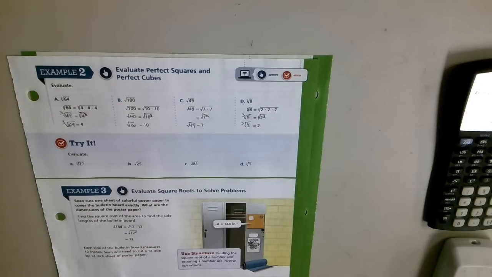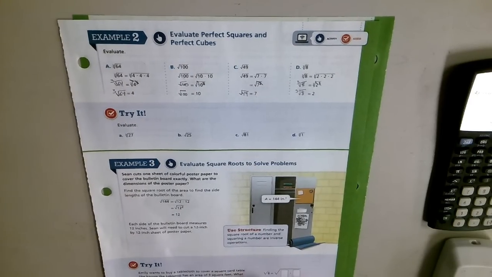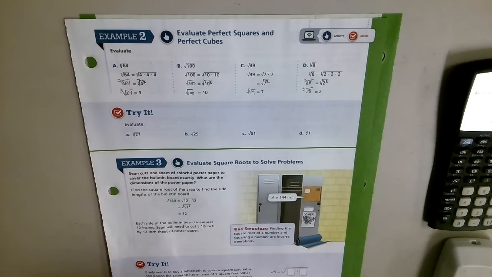And you can check all those on your calculator if you'd like. There you go. Why don't you guys try A, B, C, and D. Pay attention to whether they are asking for cube root or square root, because they will be different answers depending on which one you do.